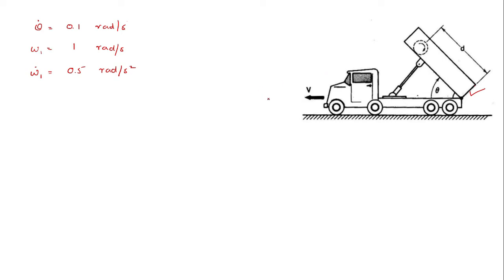So I will fix my primary reference system onto the ground, represented by capital X and Y. And since I am concerned with the motion of this cylinder, I will fix the secondary reference frame to the floor of this loading compartment. So this is the y-axis and this is the x-axis.